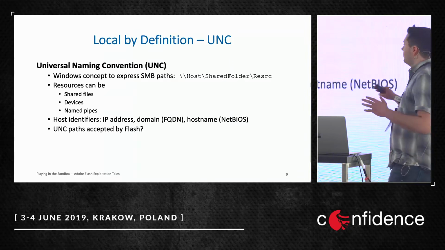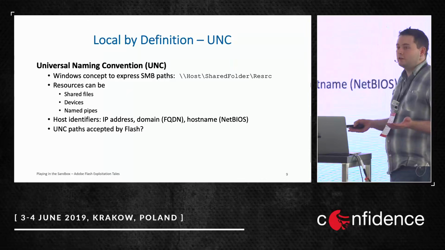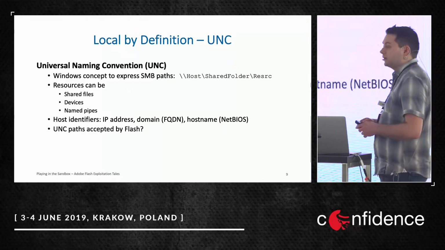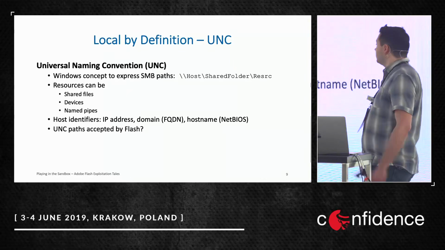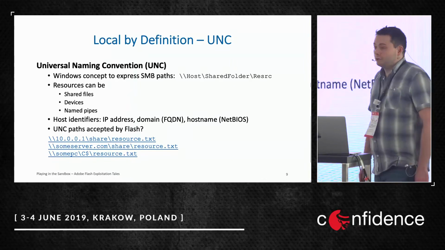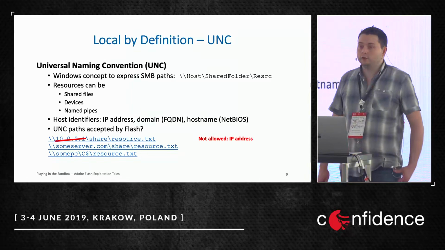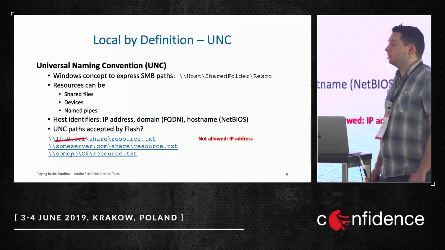So if you take all this into account, of course, this raises the question, what paths are accepted by Flash? So let's have a look at some examples. The first one, would it be accepted by Flash? Well, no, because there's an IP address in there.